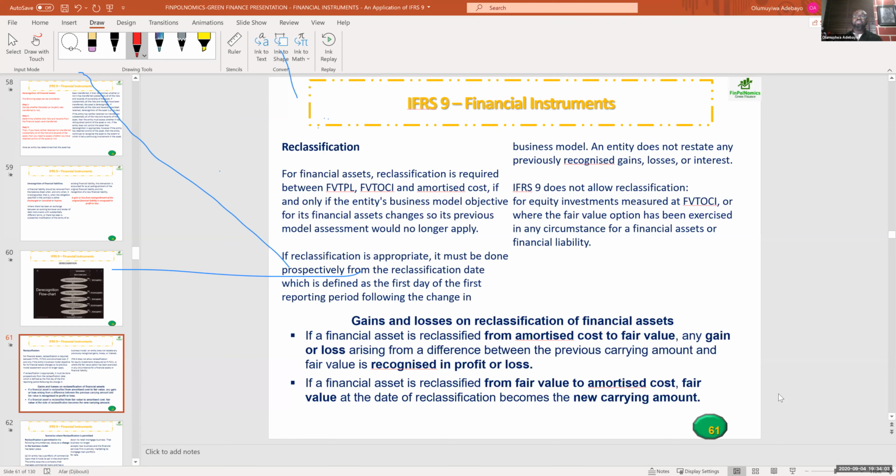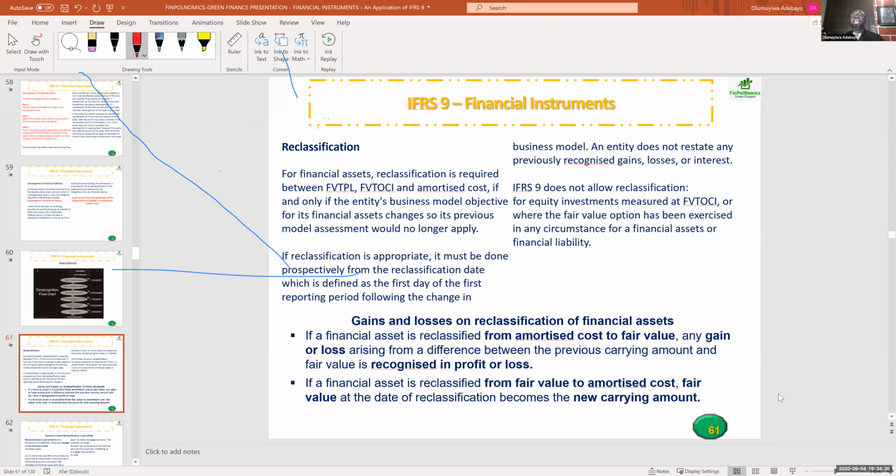But you can see more often reclassification from amortized cost to fair value when the business model has changed for a debt security. And for fair value through profit or loss, you can reclassify to amortized cost if the model has also changed such that you no longer want to sell to realize the value of the asset, but rather to hold it to collect all of the contractual cash flow at those specified dates. Okay, and that is that.